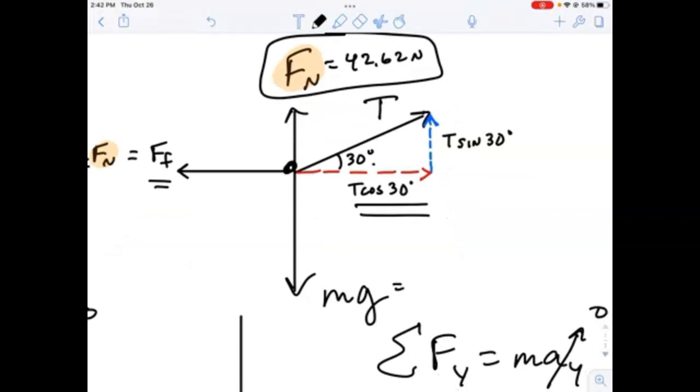Well, I said this was 50 newtons because it's 5 kilograms times 10 newtons per kilogram.